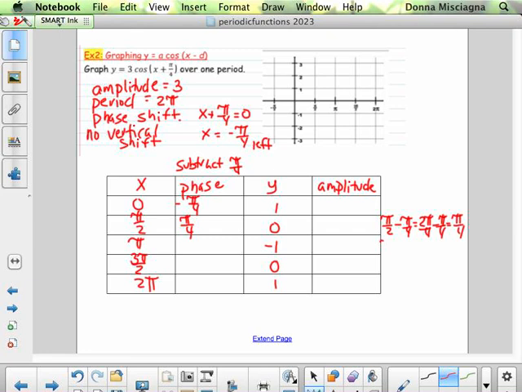And then pi minus pi fourths would be 4 pi fourths minus pi fourths, that's 3 pi fourths.